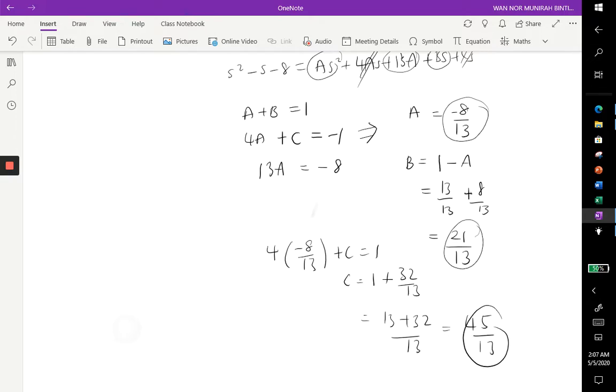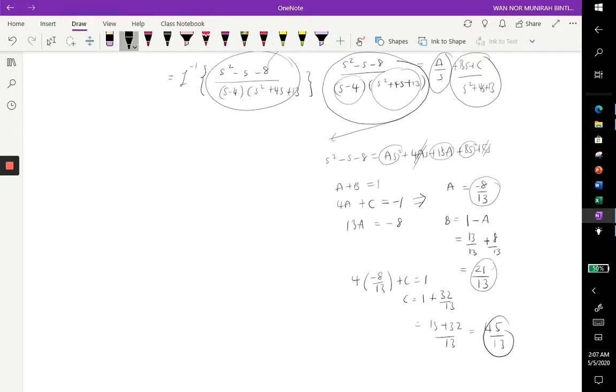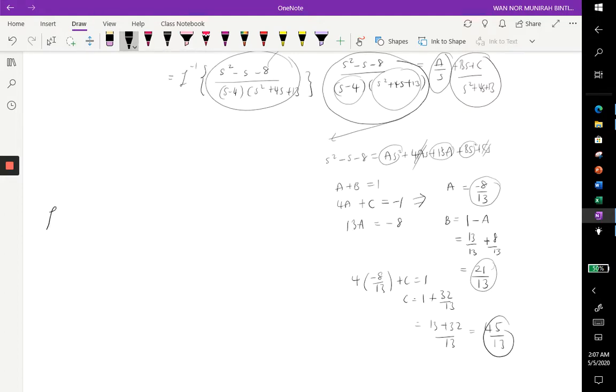Okay, so I can conclude that taking the Laplace inverse of this one is equivalent to taking the Laplace inverse of these two. Okay, so now, let me write a bit bigger. Taking the Laplace inverse of this one is equivalent to taking the Laplace inverse of A over s minus 4.